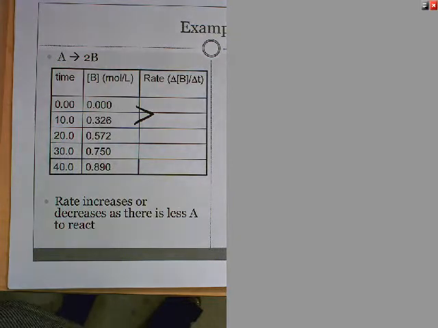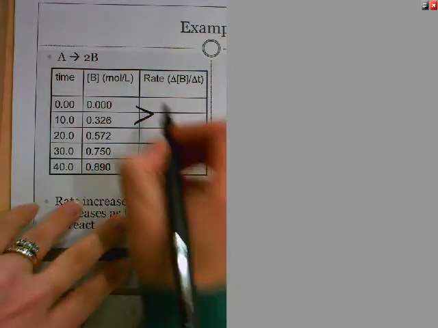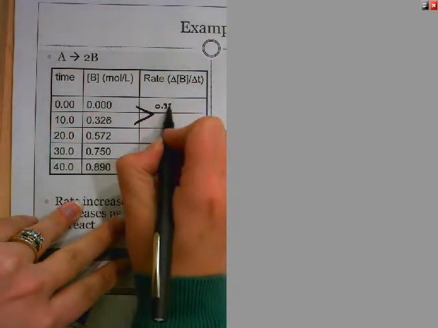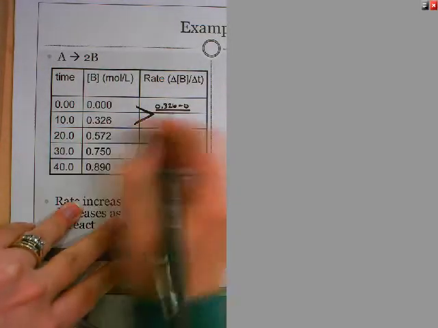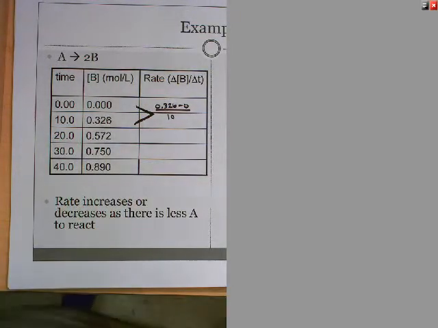And how would I go about figuring out what is the numerator? What is the change in B? How do I calculate that? Yeah, 0.326 minus 0 divided by 10. 10 seconds, that's how long the data was. 0.326 divided by 10.